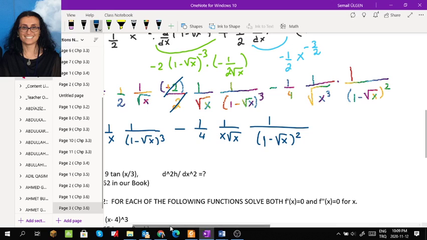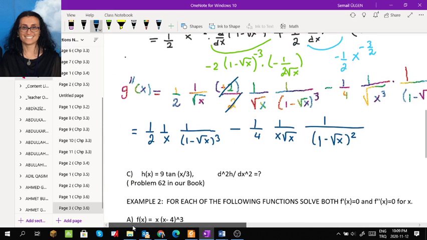So we have x here, 1 over square root of x squared. Maybe I can factor that out if I want to, or I can leave it like this, but I can do a little bit more. 1 over 2 times x times 1 over 1 minus square root of x to the second, actually cube, let's say. Take this out.